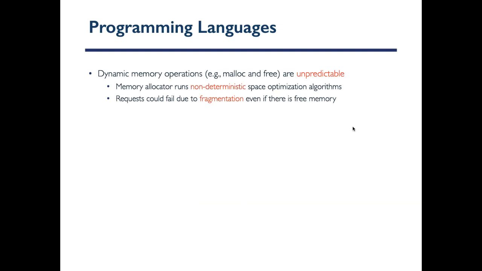And the reason that dynamic memory is not something that we want to have in a real-time system is because it's usually unpredictable. As you saw, hopefully, and implemented, to allocate memory, we usually implement some heuristic: best fit, first fit, or worst fit.